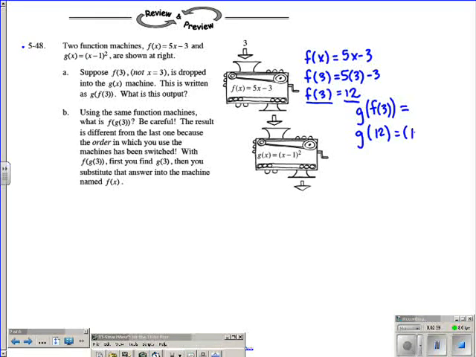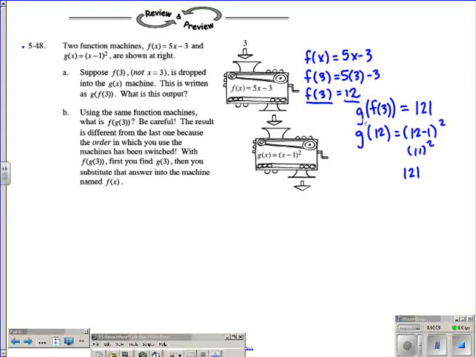We're going to say 12 minus 1 squared. 12 minus 1 is 11, and 11 squared should give us 121. So g of f of 3 should equal 121, because it's the same thing as if we had the 12 in there.